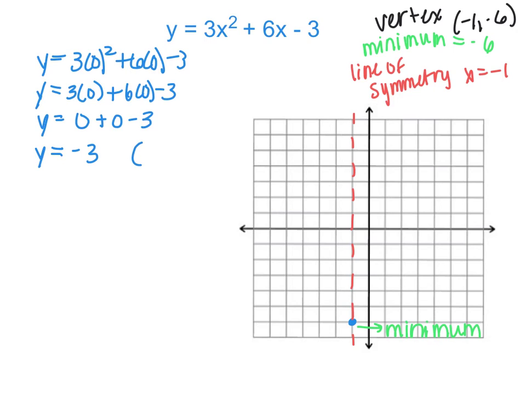So that ordered pair would be 0, since that's what I put in for x, and then negative 3 that I got for y. So 0, negative 3 would go right here.